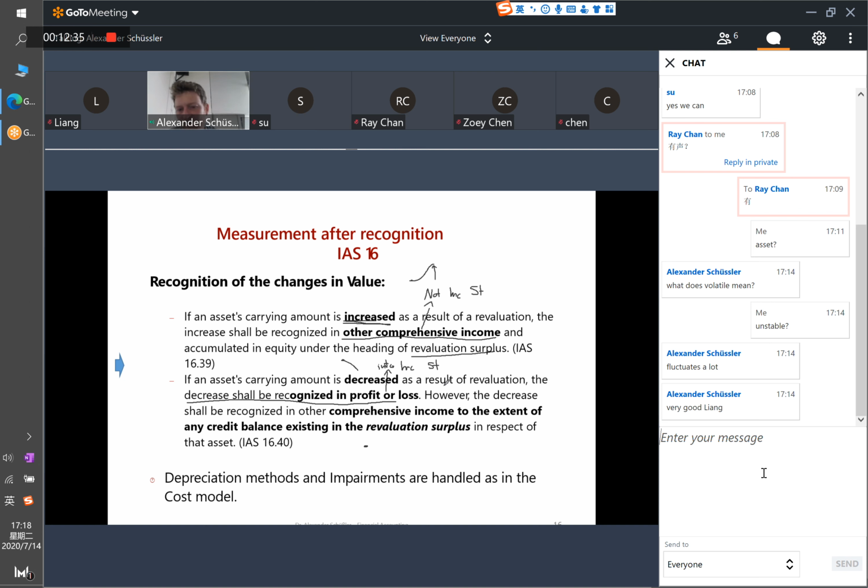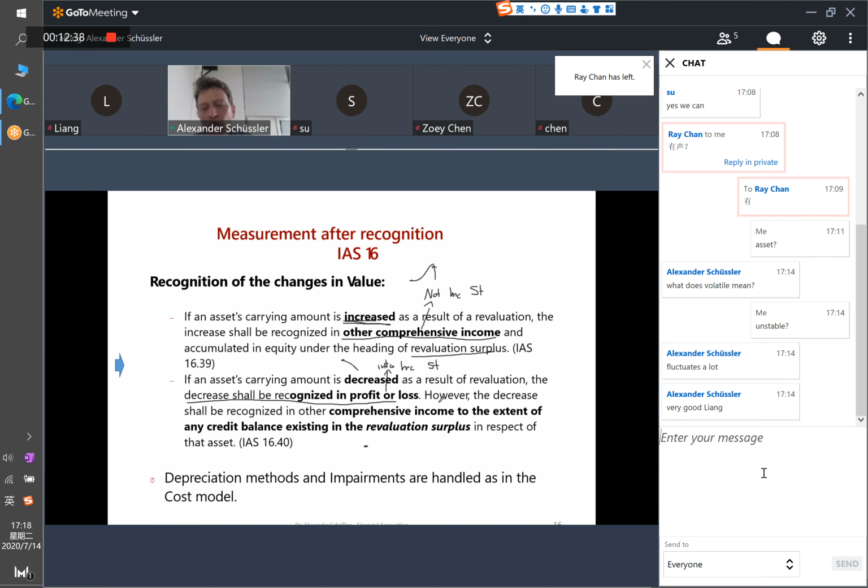But the next sentence says, however, the decrease should be recognized in other comprehensive income, not in the income statement, to the extent of any credit balance existing in the revaluation surplus in respect of the asset. So if you have a revaluation surplus and then it goes down, then this is also in OCI, not in the income statement.